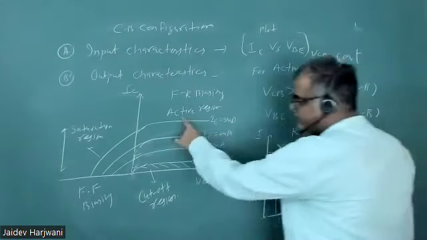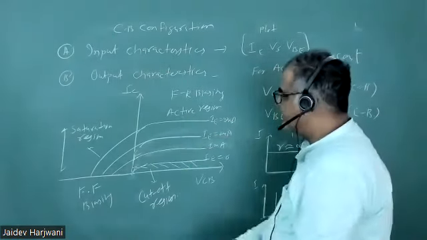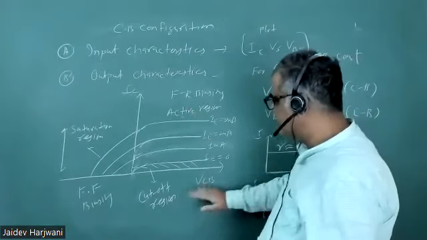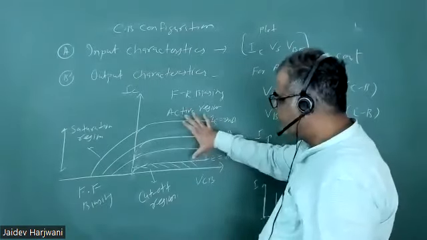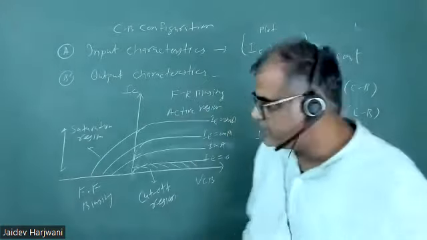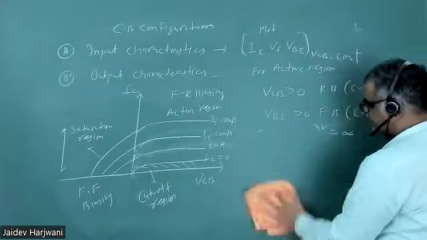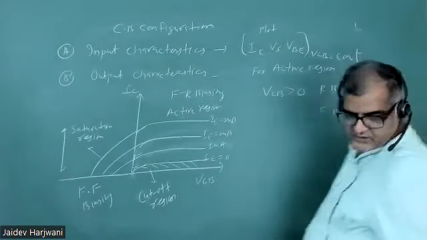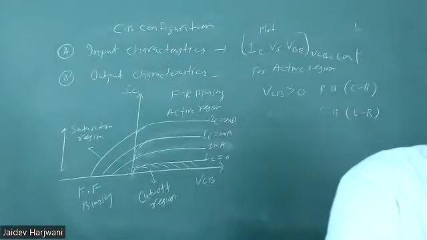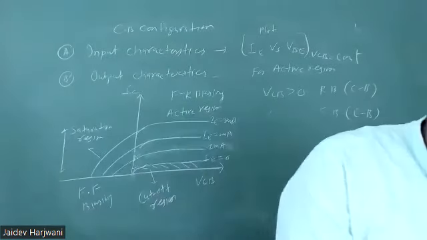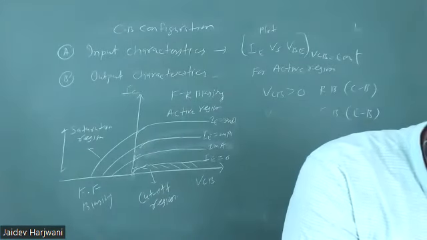So this kind of region. Whenever I apply this forward biasing and this type of biasing, at the output junction the resistance is very high. How to write this resistance? Give me 1 minute.